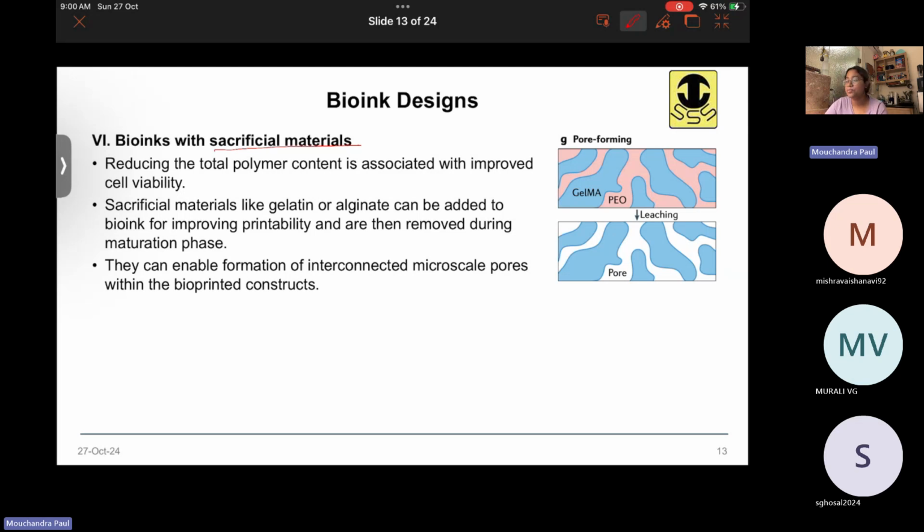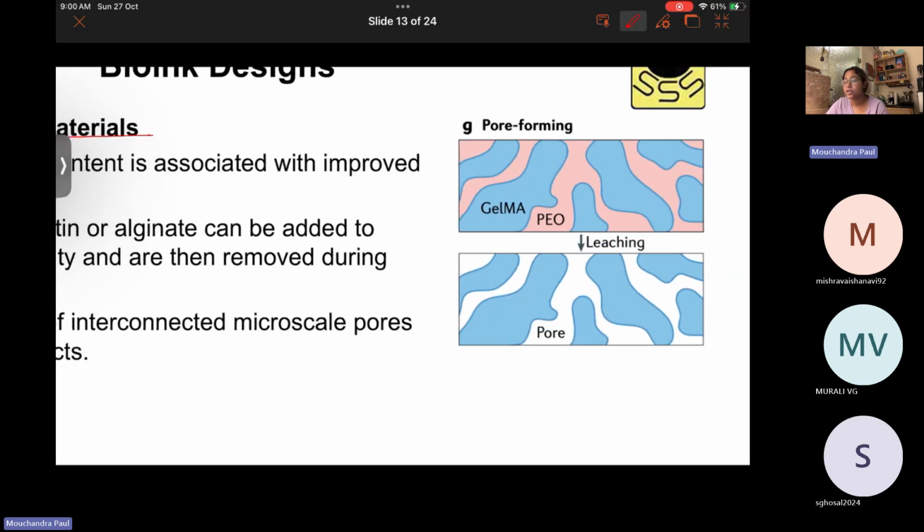Okay, so this is one example where GelMA, as I told you, has a not very viscous nature. It is mixed with PEO. It is again a polymer, not cytotoxic, but it does not have any bioactive properties. But it is viscous in nature. So you mix PEO with GelMA for printing. After printing is done, you use water. It dissolves very nicely in water. So after printing, you immerse in water, and the PEO will be dissolved out.